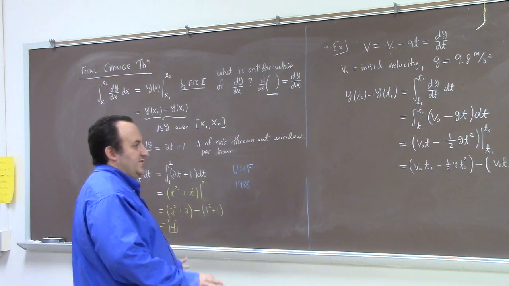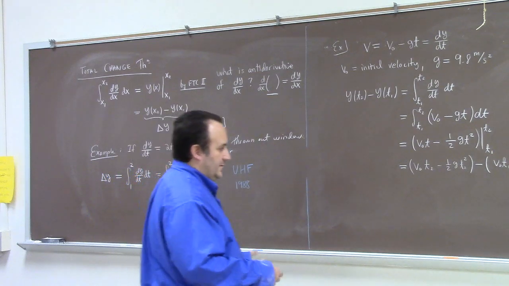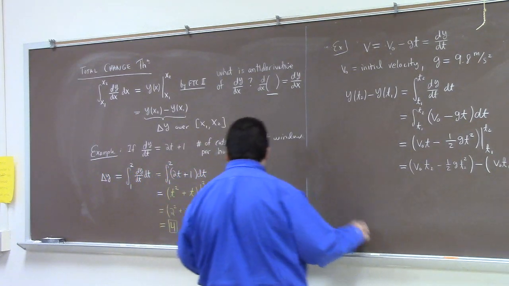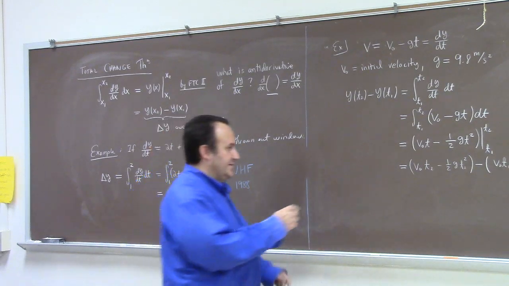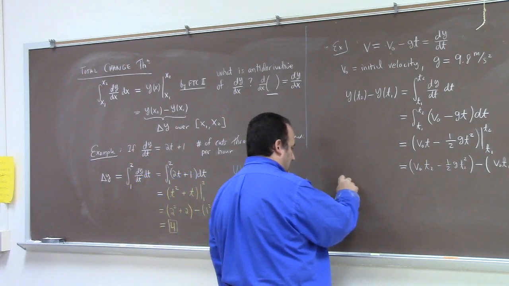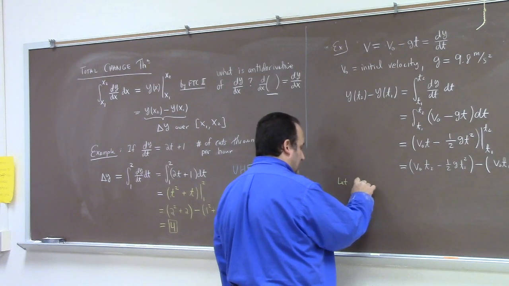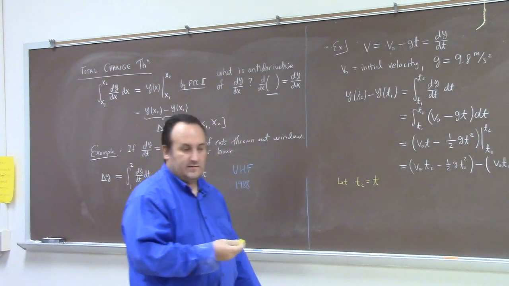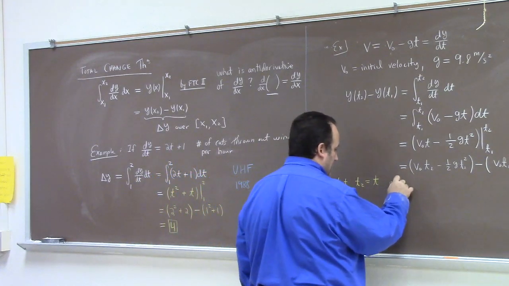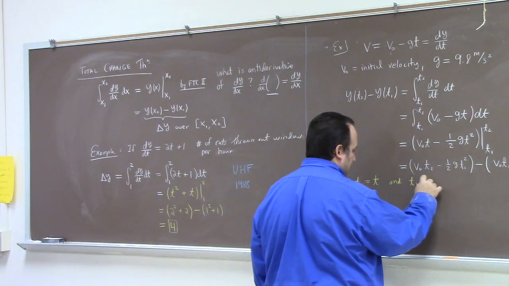Okay, this becomes more interesting, or more recognizable, if I make some adjustments here. Let t2 just be equal to t, which we're thinking of as the final time, and let t1 be equal to 0.